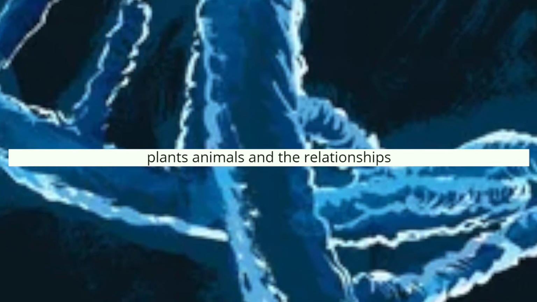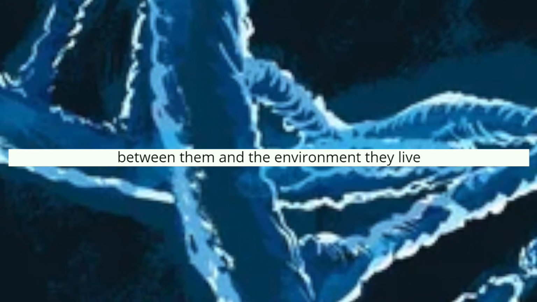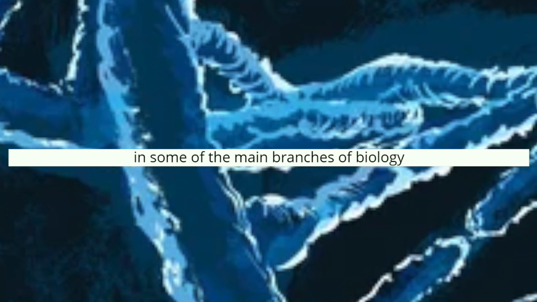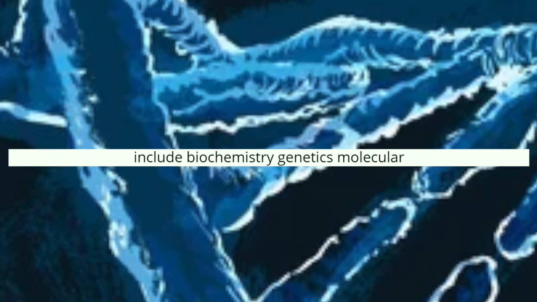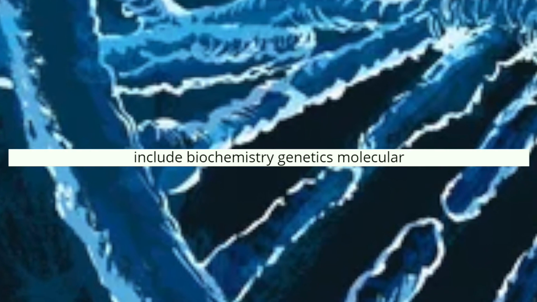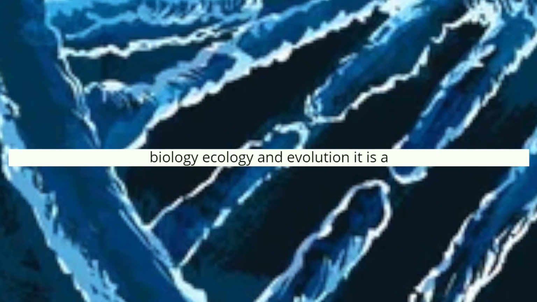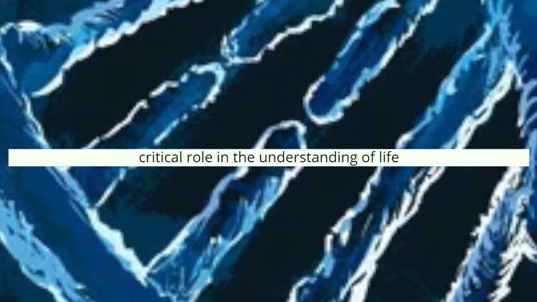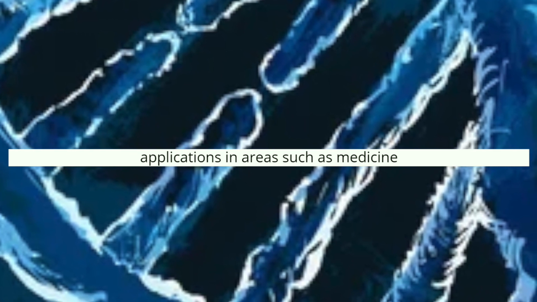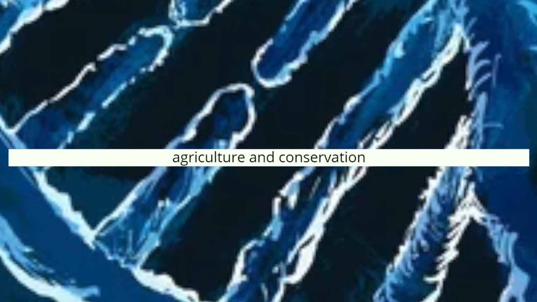It encompasses the study of microorganisms, plants, animals, and the relationships between them and the environment they live in. Some of the main branches of biology include biochemistry, genetics, molecular biology, ecology, and evolution. It is a fundamental field of study that plays a critical role in the understanding of life on Earth and has many practical applications in areas such as medicine, agriculture, and conservation.